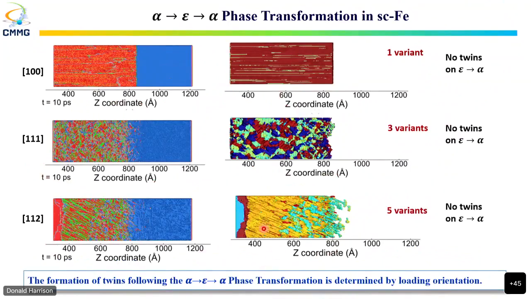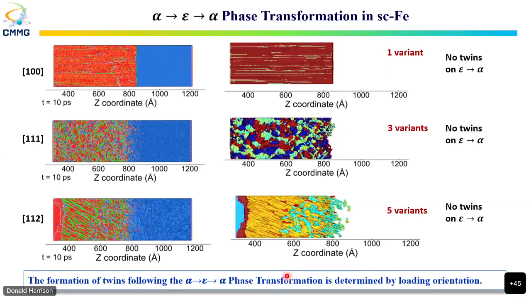But when they go back to the BCC phase, none of them show any twins. So we believe that one of the main important factors for the twins formed after the reverse phase transformation is the loading orientation.